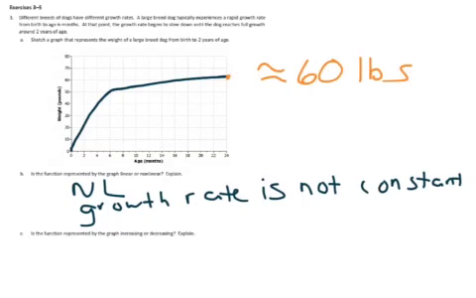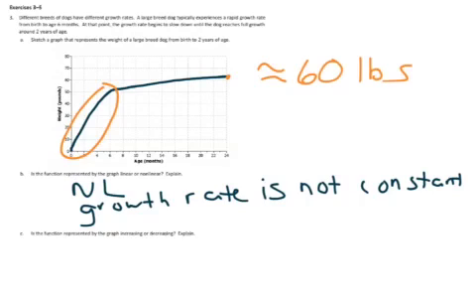Now, if it would have said in the problem that every month it was increasing by 2 pounds or every month it was increasing by 5 pounds, it would have been linear. But since it did not give us a specific amount per month, it is nonlinear. Like I said, right here, from 0 to 6 months, it's increasing in weight the fastest.